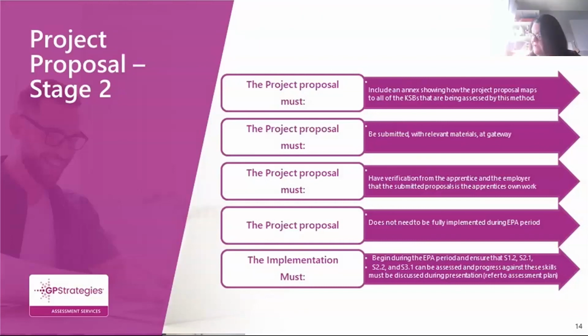I've just pulled it out of the assessment plan, so it's around support, manage, communicate, change, overcoming barriers, plan and organise the resources that they're going to need, monitor process, mitigate risk, and managing and monitoring budgets. So again, what you would expect to see within a full project proposal.